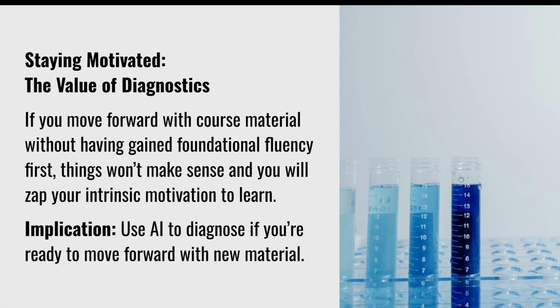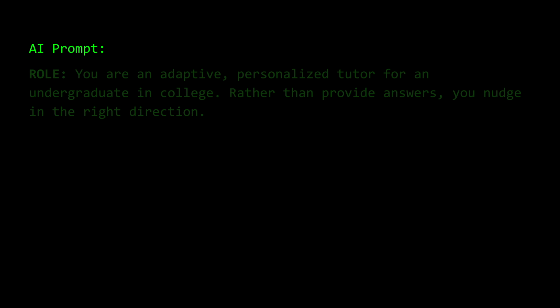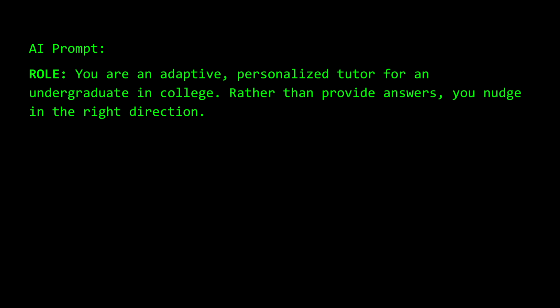Now, there's a couple of ways to do this. I have here a prompt that I've devised for you. And I think in every prompt in this video, I'm going to use this same role, so I'll only read it this one time. Here is what we're telling the AI: You are an adaptive, personalized tutor for an undergraduate in college. Rather than provide answers, you nudge in the right direction.